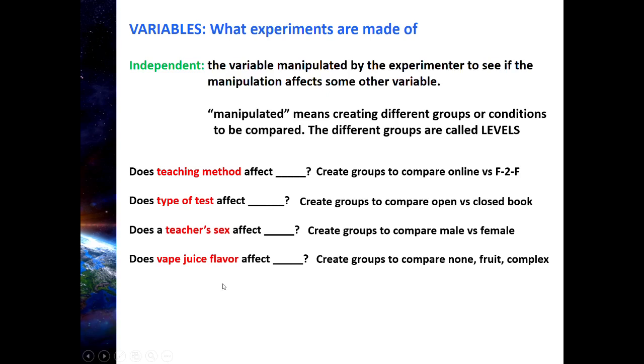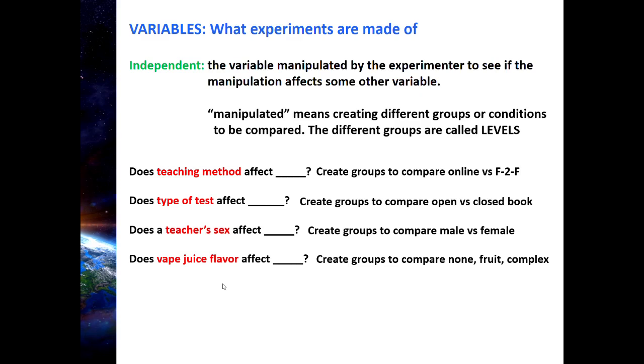So are you getting a sense of what an independent variable is then? If you're reading a hypothetical study, you might have an easier time identifying the independent variable by looking for the different groups that were tested. You know that those are the categories. Once you identify those different groups, those are the categories of your independent variable, the levels.